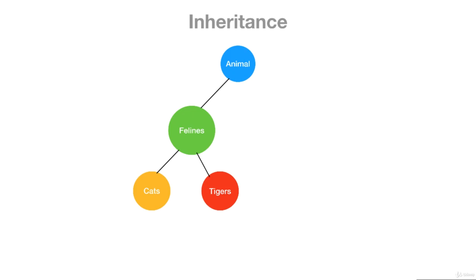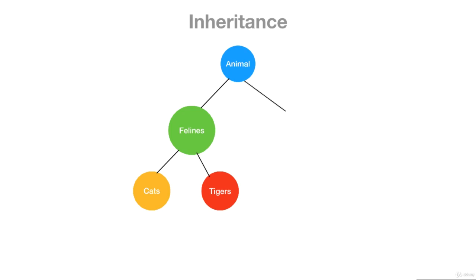So in this case, cats are of type felines, which is of type animal. So down the line, what's happening here? We are inheriting the basic default features of our parents. So felines is parent to cats and tigers in this case, which in return, felines inherit from a generic animal.